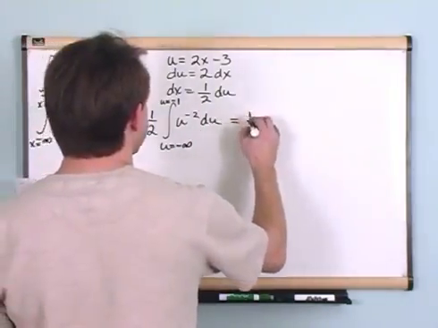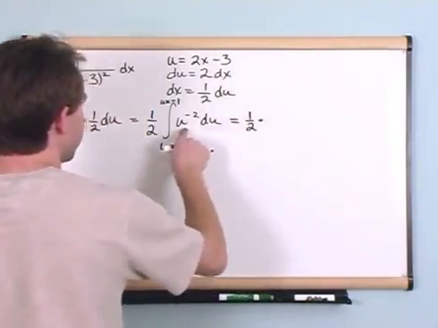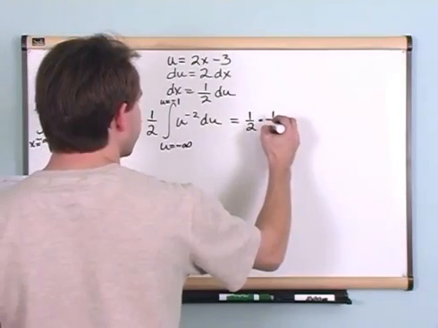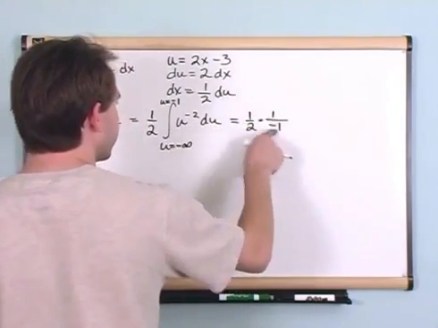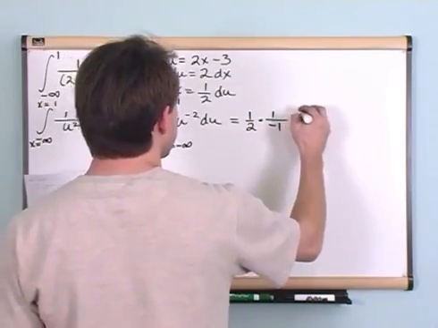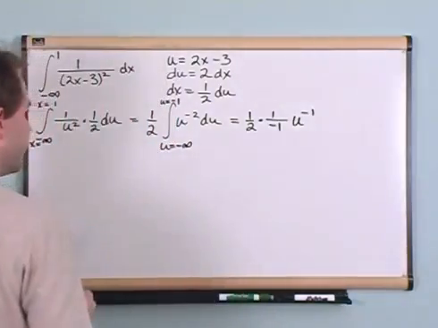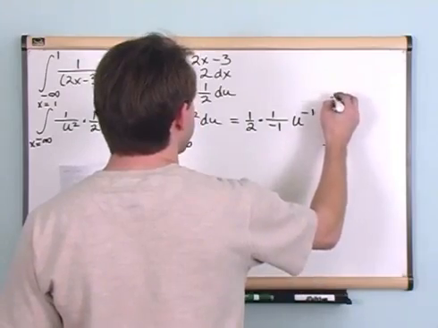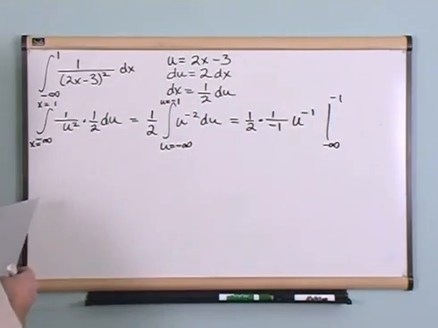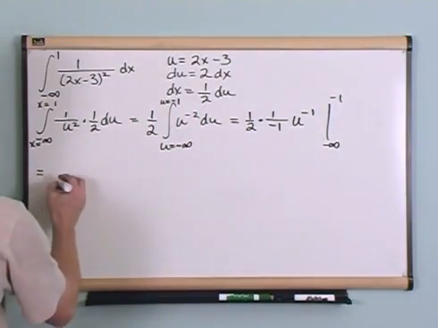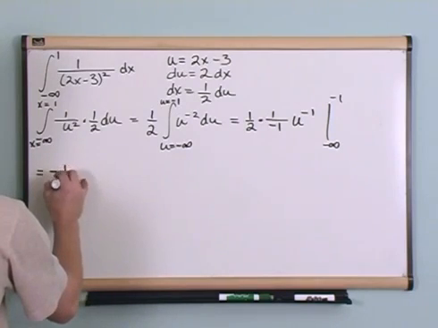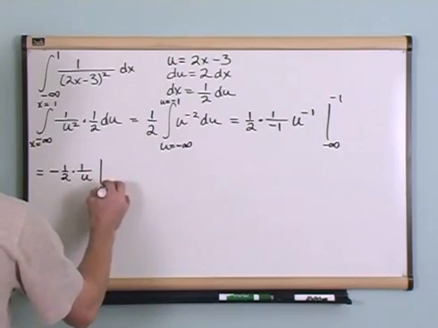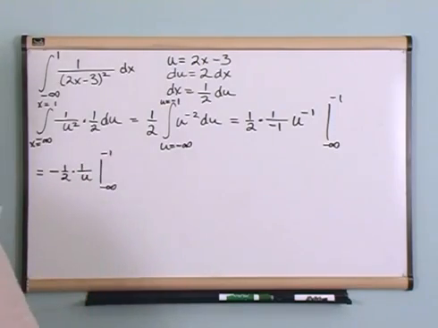So you have 1/2, and to pull this integration off, it's going to be 1 over exponent plus 1. Negative 2 plus 1 is negative 1, so negative 1 times u to the negative 1, just like this, evaluated from minus infinity to minus 1. And so to simplify this, you'll have negative 1/2 times 1 over u evaluated, negative infinity to negative 1.